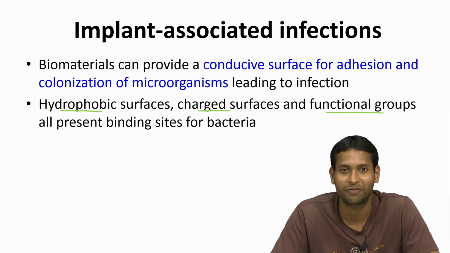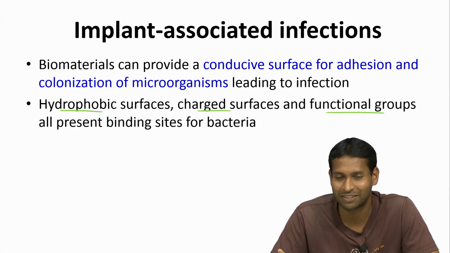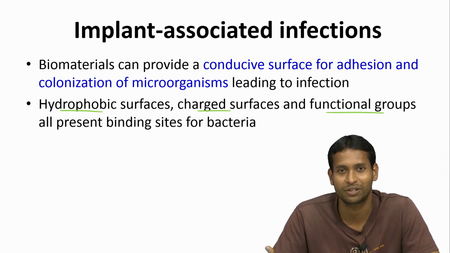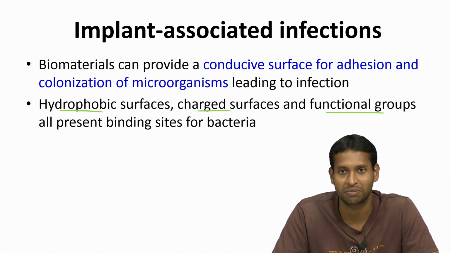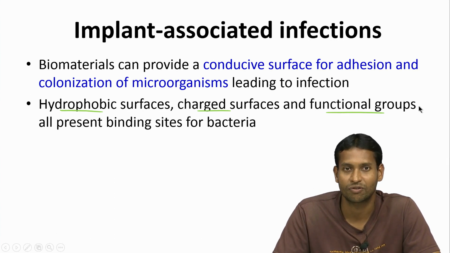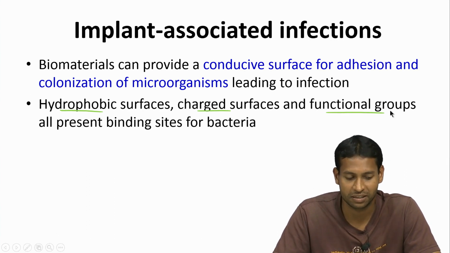And again we have discussed throughout this course that all of these are some things that we use for whatever we are trying to achieve in different sort of circumstances. Like charged groups and functional groups are something that we deliberately put in so that we can modify our material the way we want it, but then the bacteria also uses those sort of functionalities to colonize that surface.